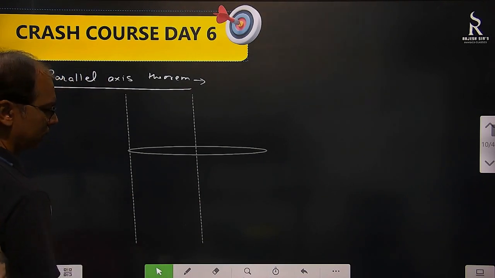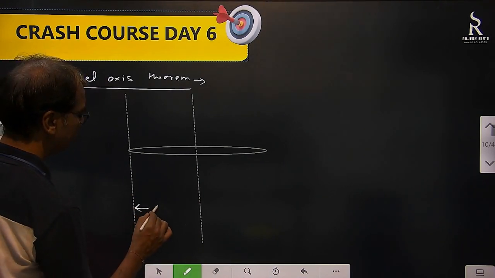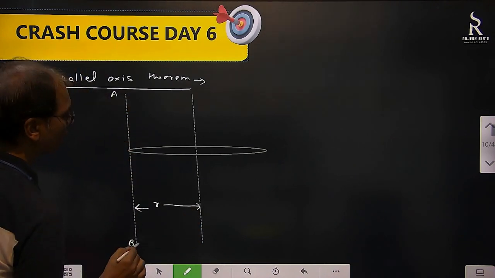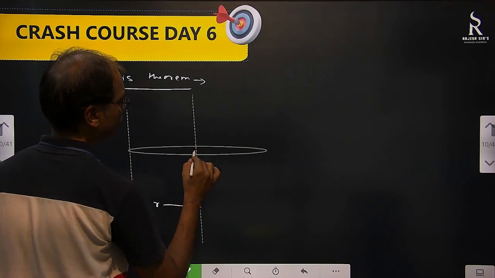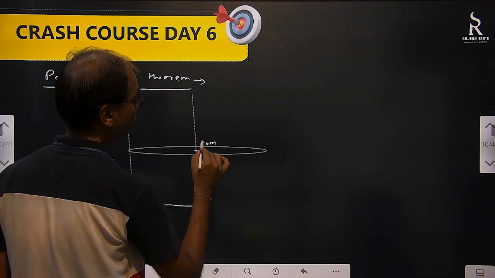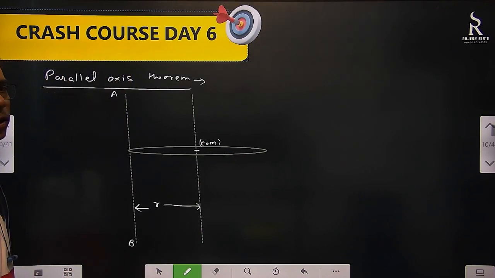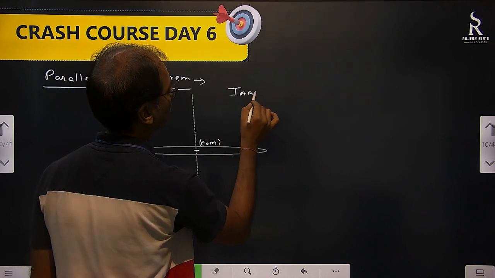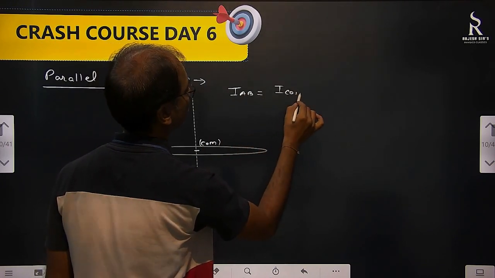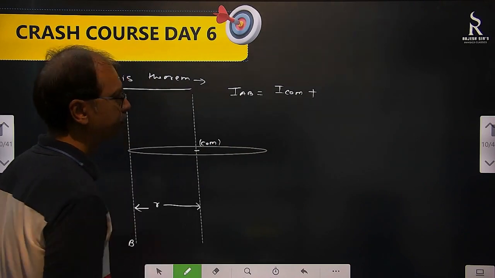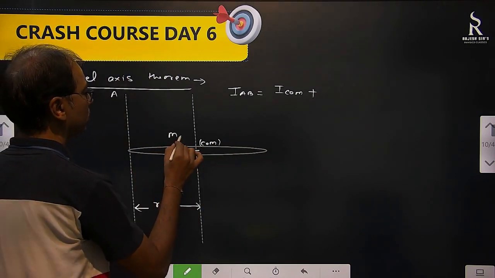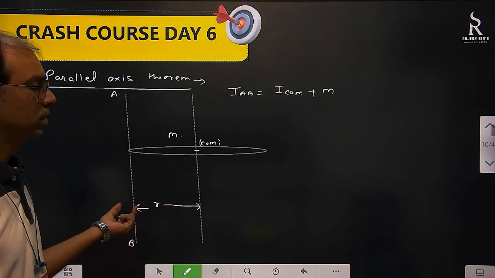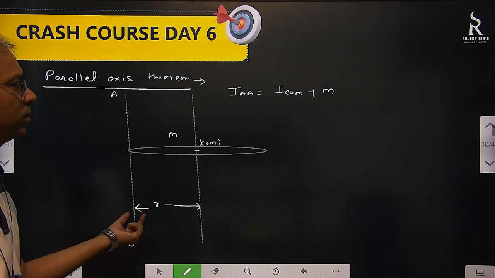So parallel axis theorem says, if we want to find moment of inertia about an axis which is parallel to an axis passing through center of mass, then IAB is equal to moment of inertia of the object about an axis passing through center of mass plus mass of the body, m, into square of the distance between the two axes.